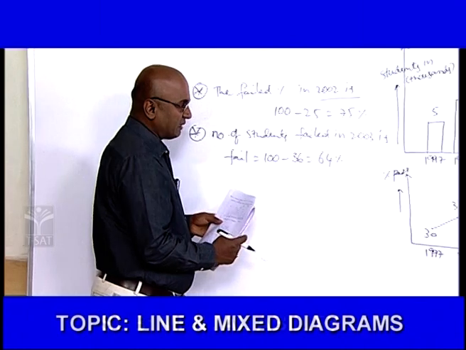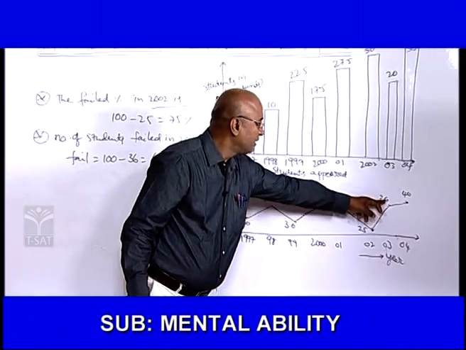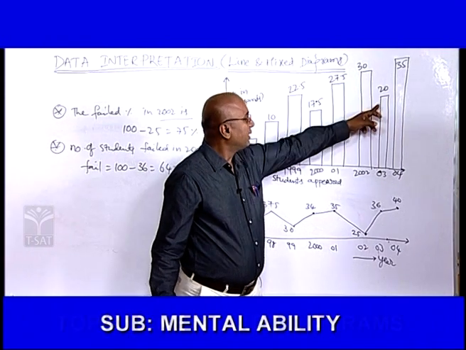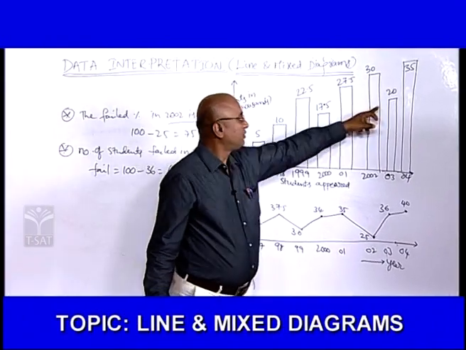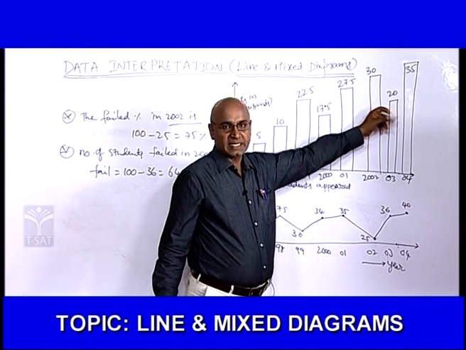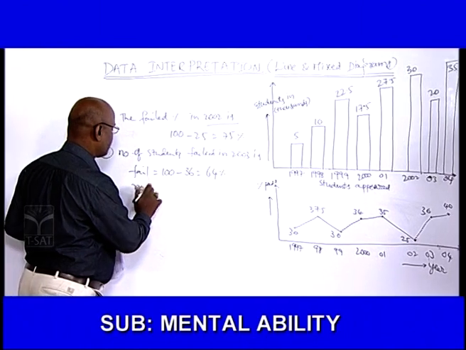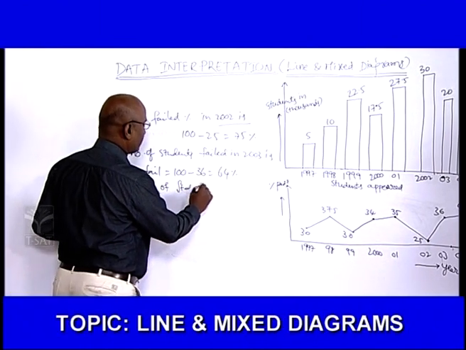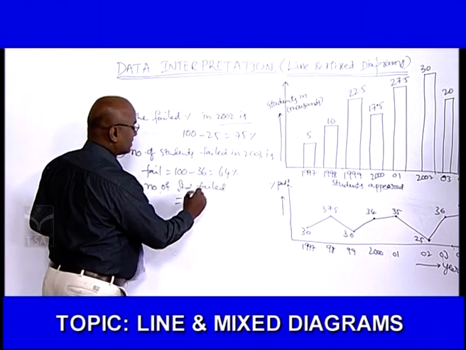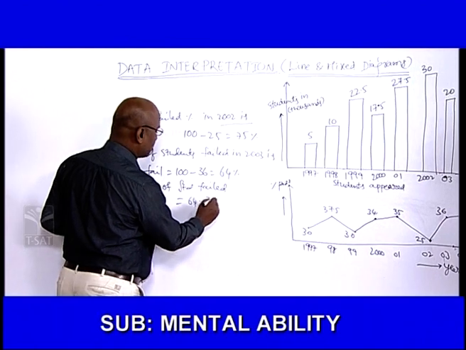Now what is the number of students appeared in the year 2003? In the year 2003, 20,000 students are given, in thousands here. So 20,000 students appeared for the examination. So number of students failed is equal to 64% of appeared students, that is 20,000.